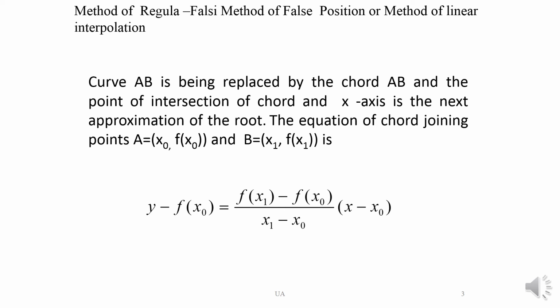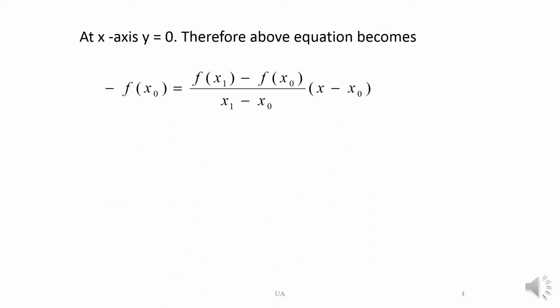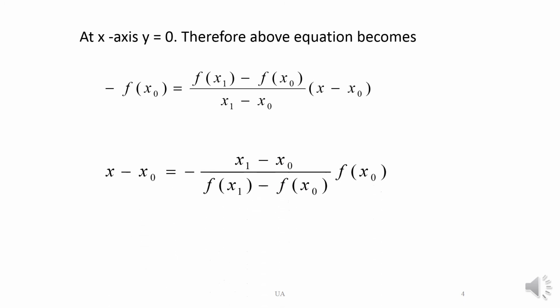From here we can see that on the x-axis the value of y will be 0. So if we substitute y = 0, we get the next expression of this equation. We simplify it and get the value of x from here.